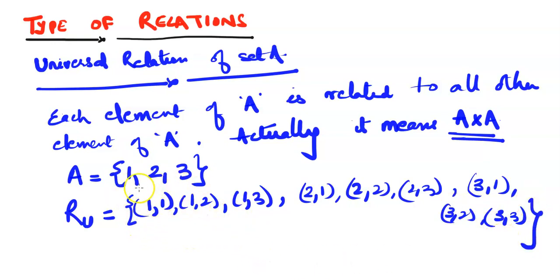So all possible relations, or every possible relation. It is a subset, in this case mainly equal. This is called a universal relation of set A.